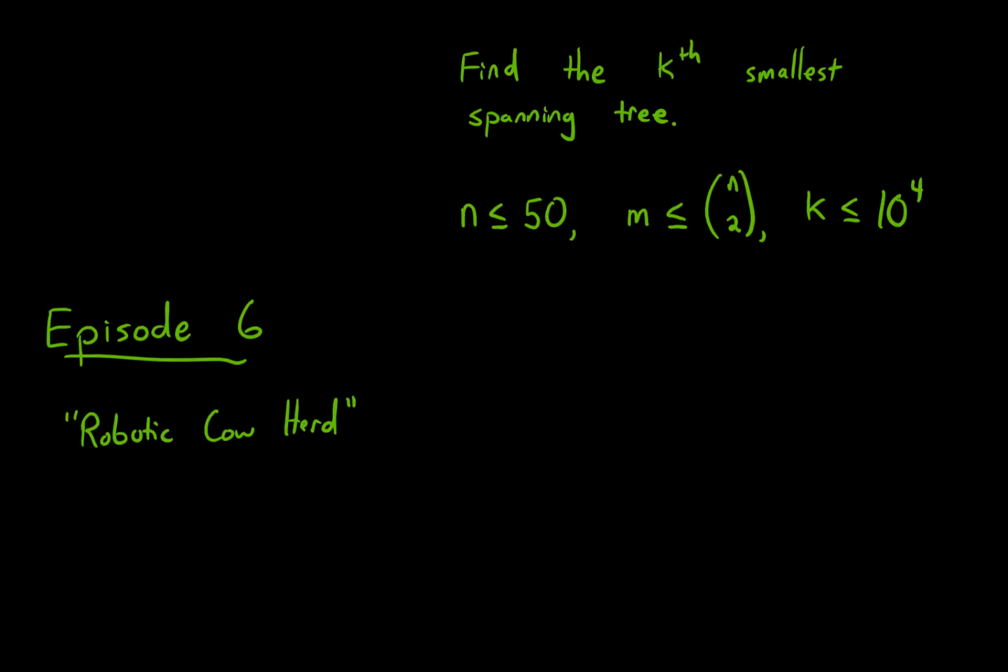There are also a few other techniques you could use that involve cut spaces, and those are fairly efficient. So there are a couple different ways you could solve a problem like this. But I can tell you that if you use the robotic cow herd technique for this problem, it doesn't solve the largest batch, but some of the other techniques might also solve the largest batch.